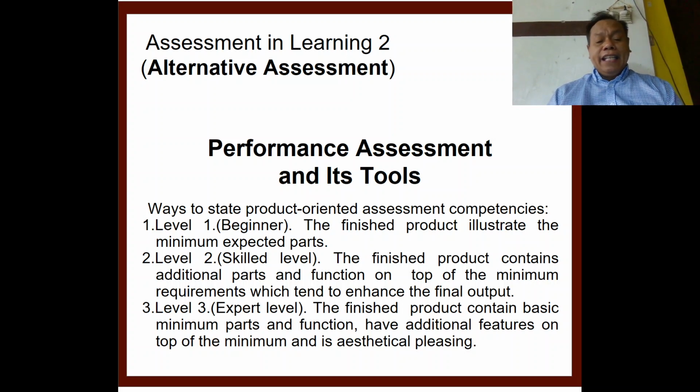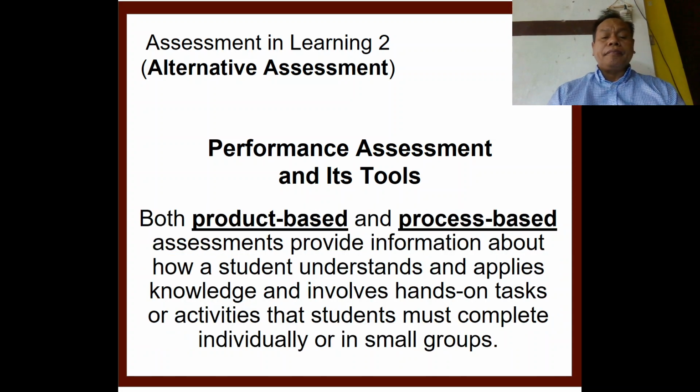And level 3 is the expert level, where the finished product contains the basic minimum parts and functions and has additional features on top of the minimum and is also pleasing or beautiful.